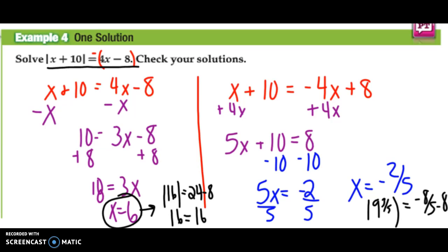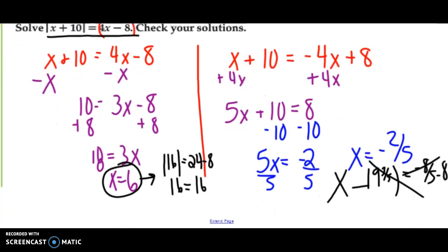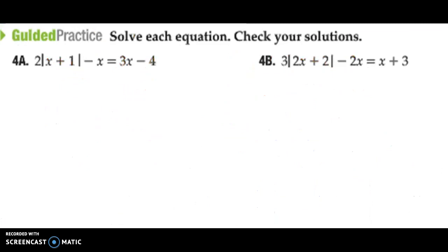And now what you'll end up seeing is, negative 8/5 minus 8 is going to be a negative 9 3/5. Okay, so can you ever have an absolute value equal a negative answer? The answer is no. So this one does not work. So this is not a solution right here. So we end up only getting one solution, even though we tried it both different times. Here are 2 guided practice problems you can stop and try now.